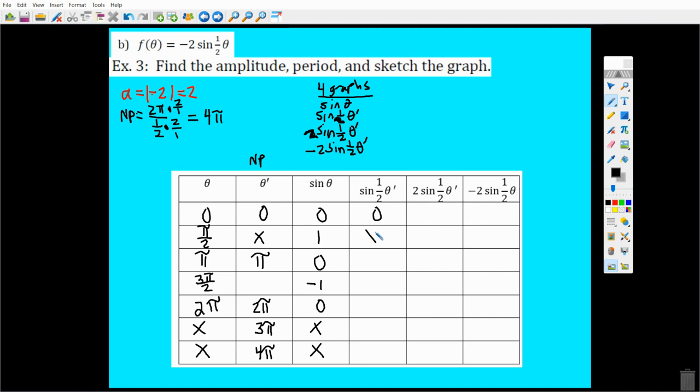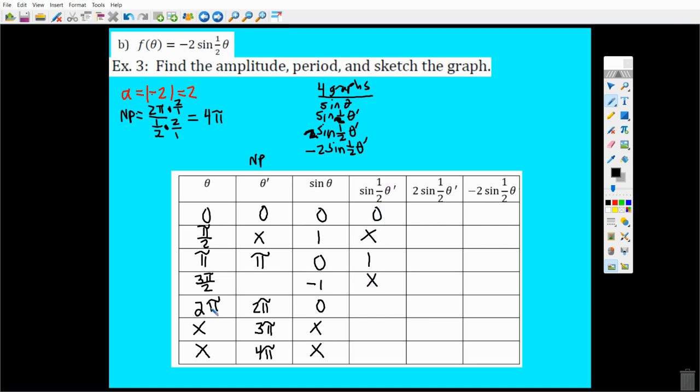The next number, sine of 1/2 of pi, is going to be 1, because this one has the same values as the sine graph does. But again, it's between 0 and 4 pi instead of 0 to 2 pi. So we go 0, not relevant, pi. 3 pi over 2, again, is not one of the quadrants for sine of 1/2 theta.